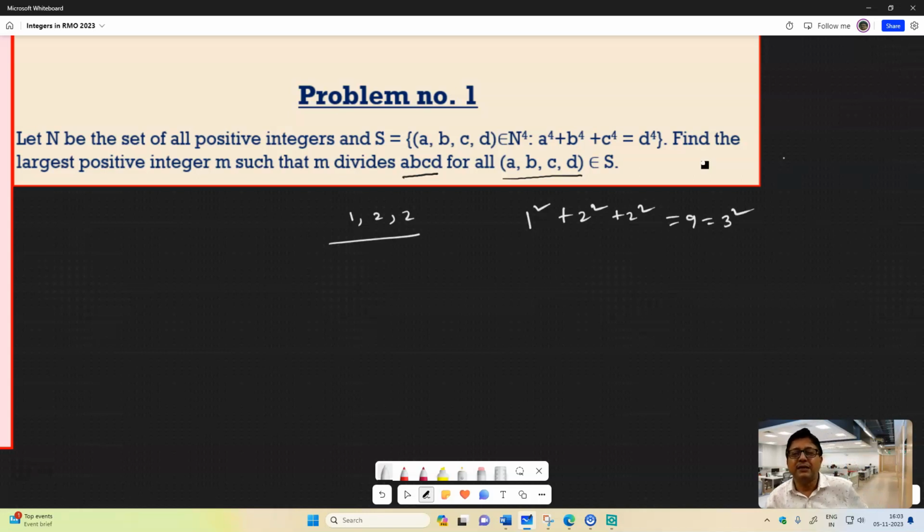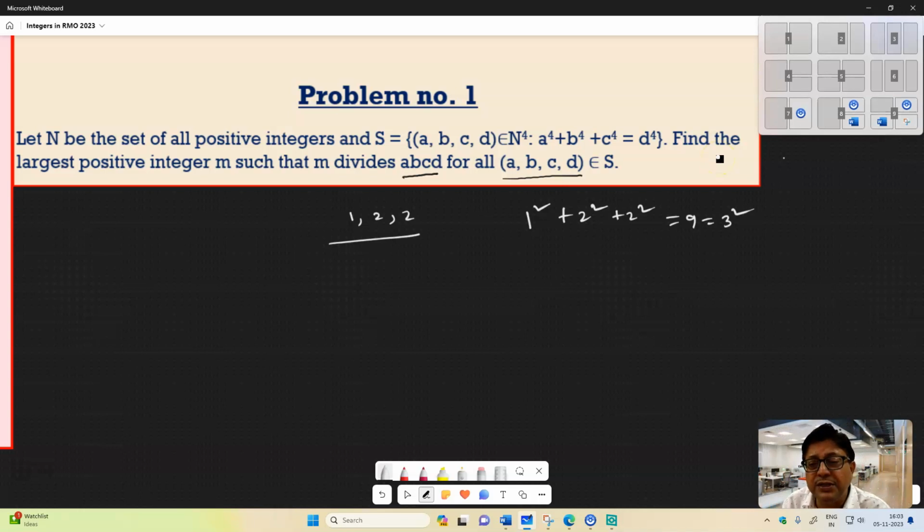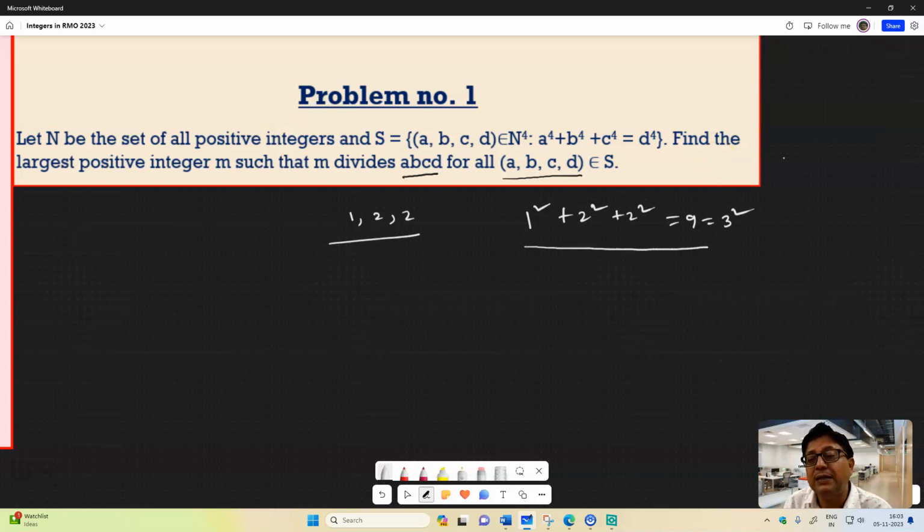You can say that if it is a multiple of 1, then also it is satisfied. I agree with you. But I found the trivial solution here for which this equation is valid, because 1 square, 2 square, 2 square equals 9. This is 3 square.